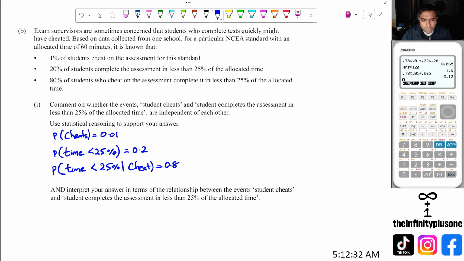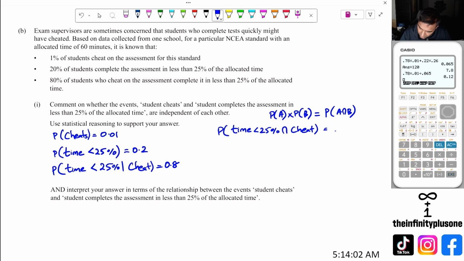Now, if they are independent of each other, then P of A times P of B equals P of A intersect B. So what we're going to do is figure this part out here. We want to first figure out what is the probability of time less than 25% intersected with the cheating part of it.